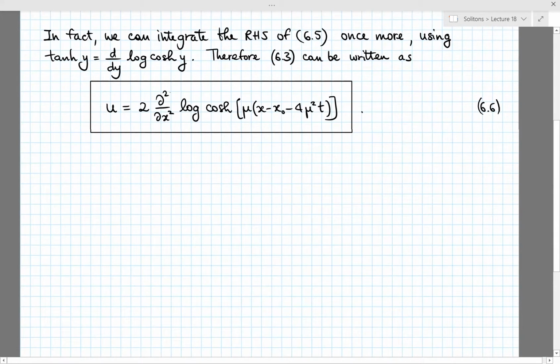This is already nice and quite useful, but we can simplify 6.6 further, and to do that, let capital X be x minus x naught minus 4 mu squared t, the function of x and t, which appears in the argument of the hyperbolic cosine.